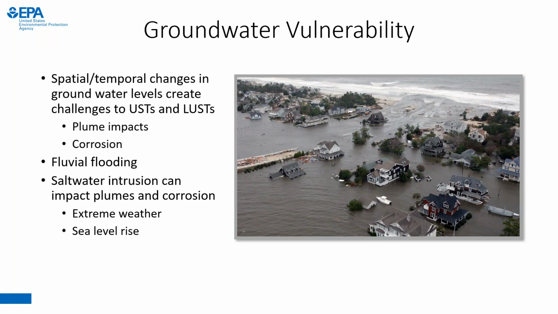So as I suggested earlier, certainly much of our attention is built around potential impacts to groundwater. And so this data really gives us a very good idea about both the spatial and potentially the temporal changes that can occur with changing groundwater levels. These are especially problematic to our tanks world for a number of reasons.